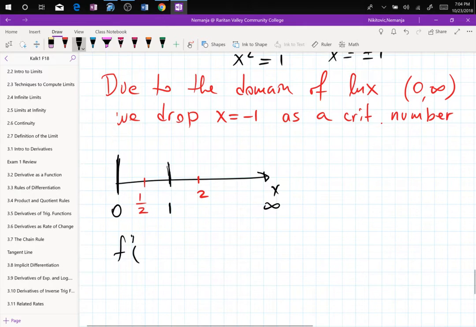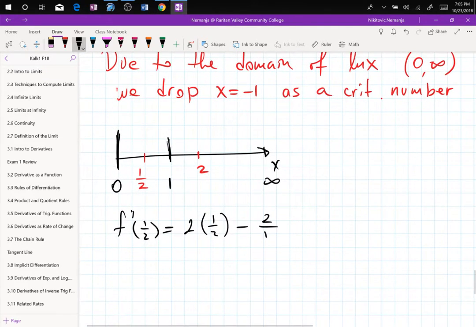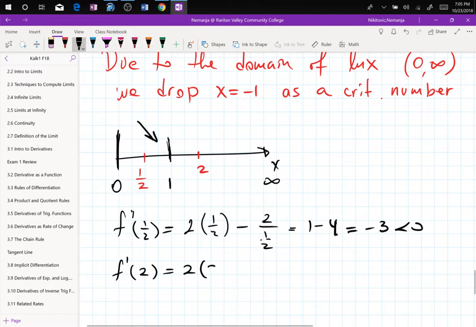So my f prime computed at 1/2 is, what did I have over there? I had 2x, so 2 times 1/2 minus 2 over x, so 2 over 1/2. This is 1 minus 4, which is equal to -3, less than 0, decrease. F prime computed at 2 is 2 times 2 minus 2 over 2, which is 4 minus 1, which is +3, larger than 0, increase.